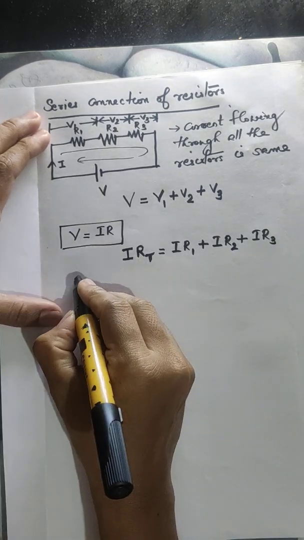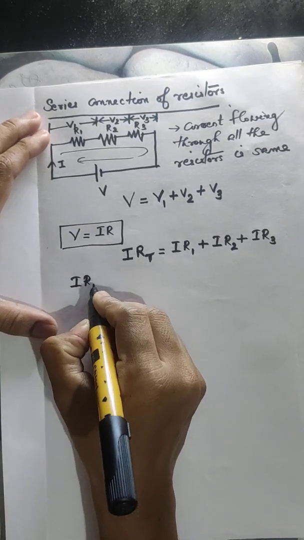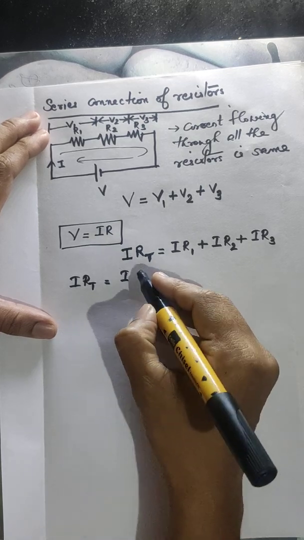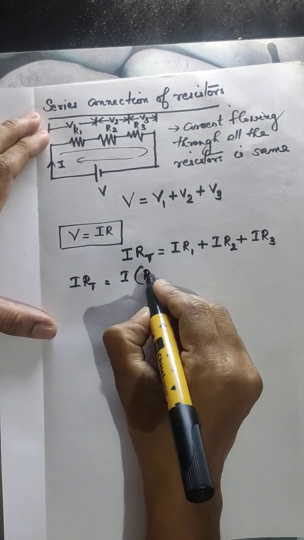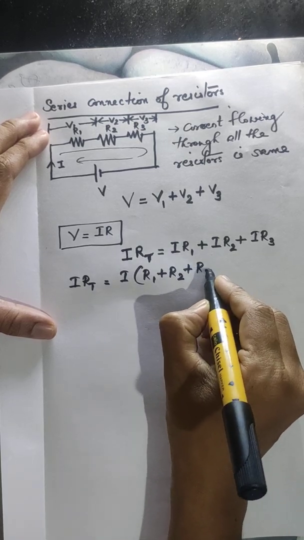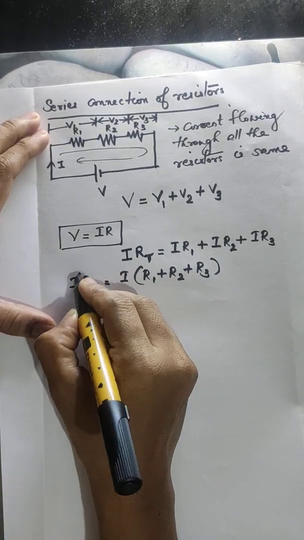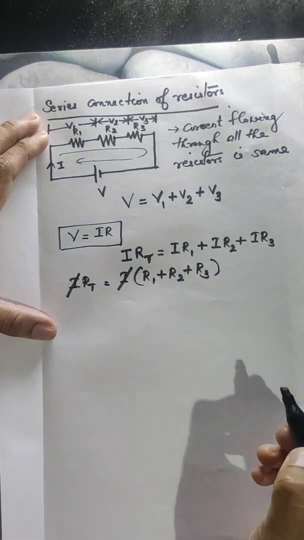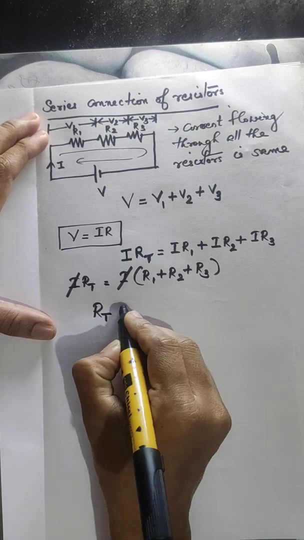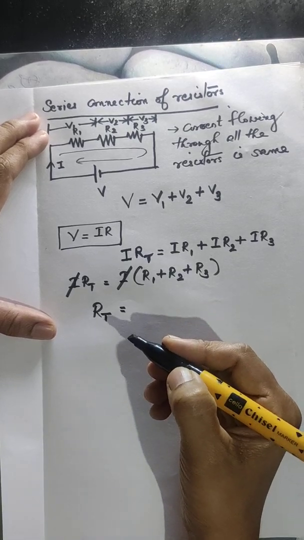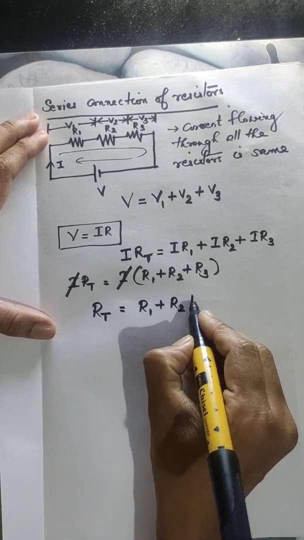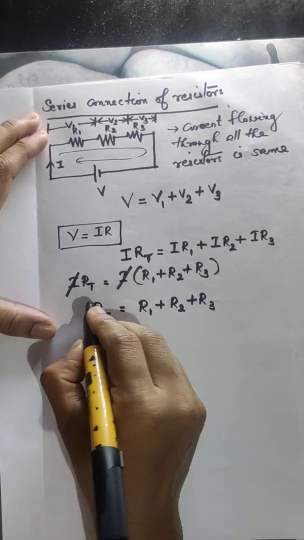So this equation can be written as I into RT is equal to, taking I as common outside, I into R1 plus R2 plus R3. Okay. So here this I and this I get cancelled, and the resulting equation is that the total resistance of this series circuit is equal to R1 plus R2 plus R3.